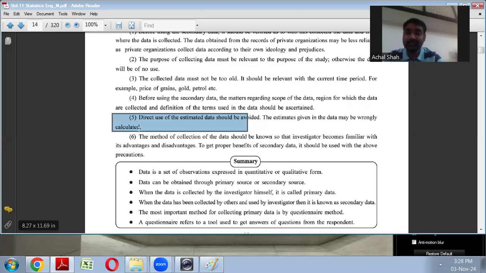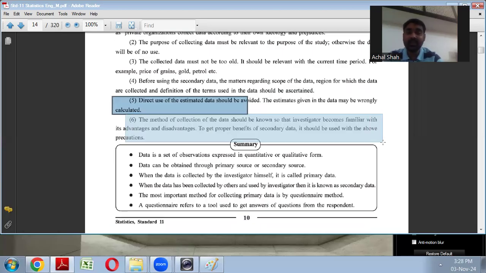Then what is next? The method of collection of data should also be known, right, because we saw that different methods have different advantages and disadvantages. Like in question by post, there can be inaccurate answers as compared to question by enumerator. So if your objective is accurate data and the data you are using was collected by question by post, then it will not be reliable. So the method used by the investigator for collecting the primary data for the first time should be known to you, and if that method is suitable to your objective then it's okay.